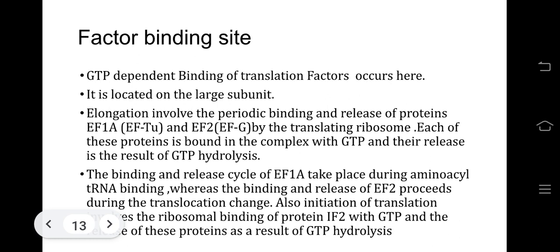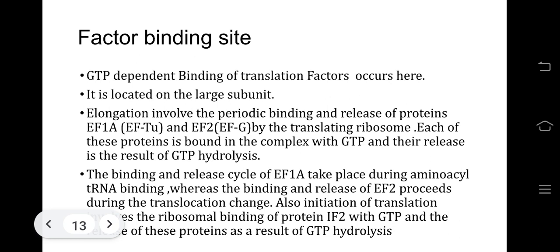GTP dependent binding of translation factors occurs here. It is located on the large subunit. Elongation involves the periodic binding and release of the proteins EF1A and EF2, EFG, by the translating ribosome. Each of these proteins is bound in a complex with GTP and their release is the result of GTP hydrolysis.